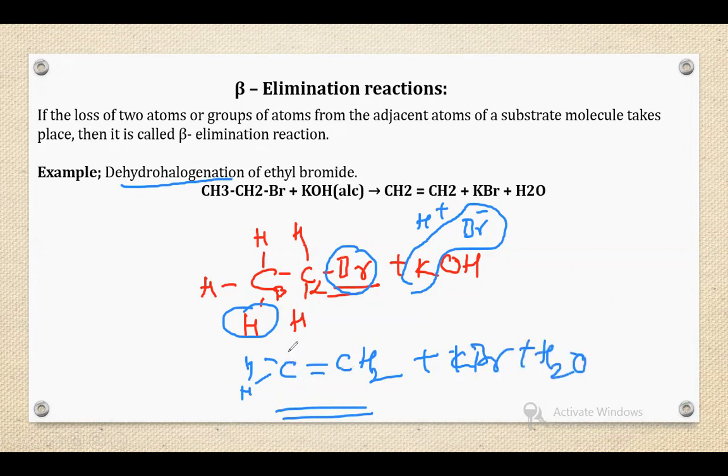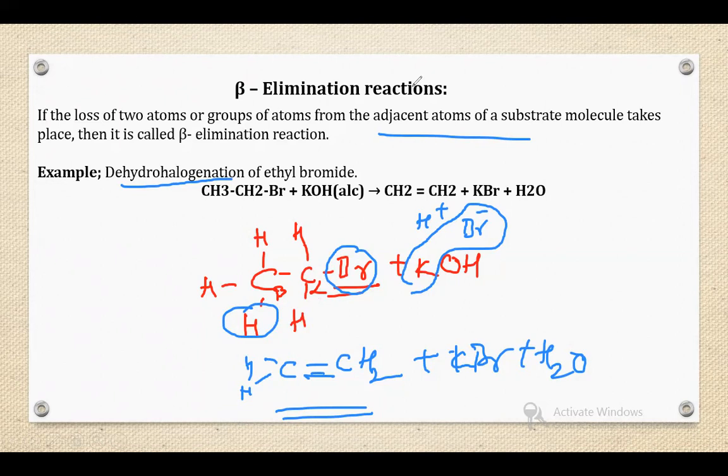So we saw both: alpha elimination and beta elimination. Beta elimination is 1,2 elimination. Elimination takes place from the substrate molecule, with groups of atoms removed from adjacent atoms.